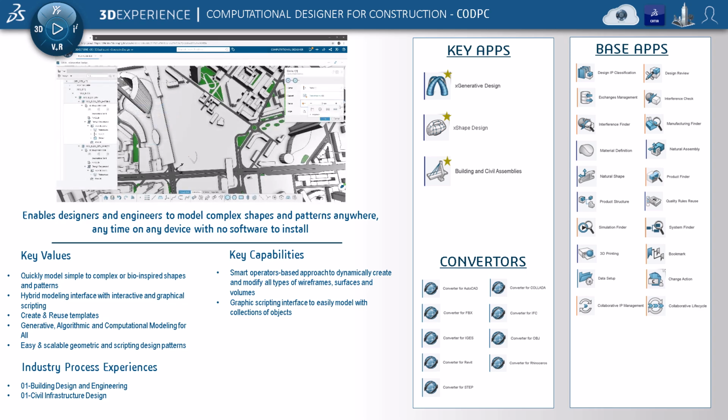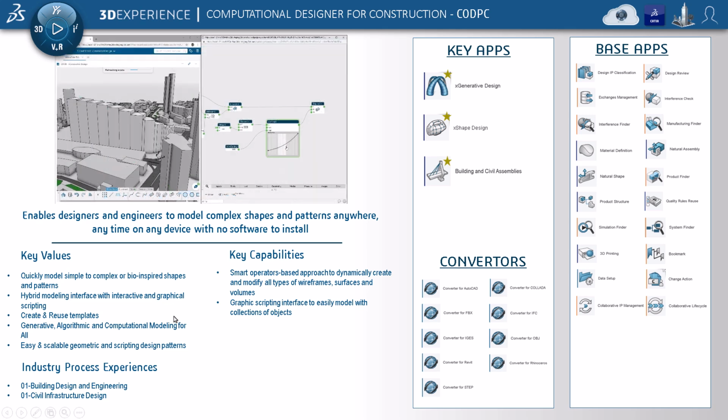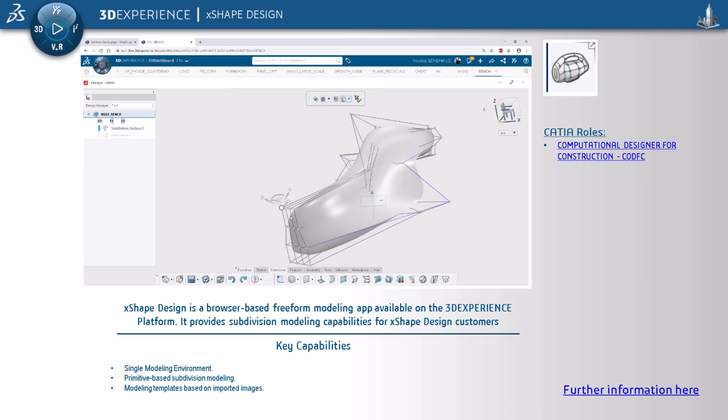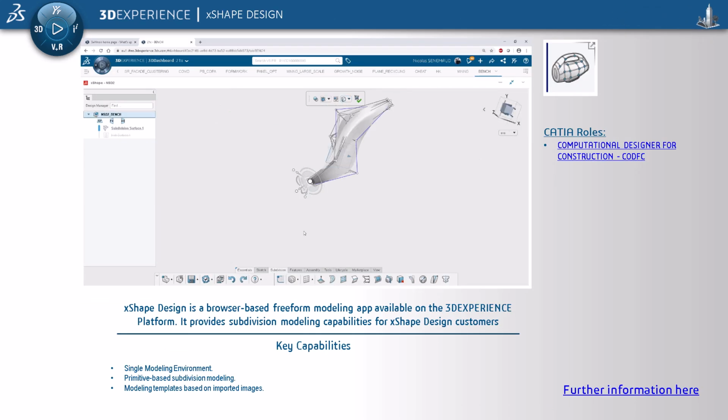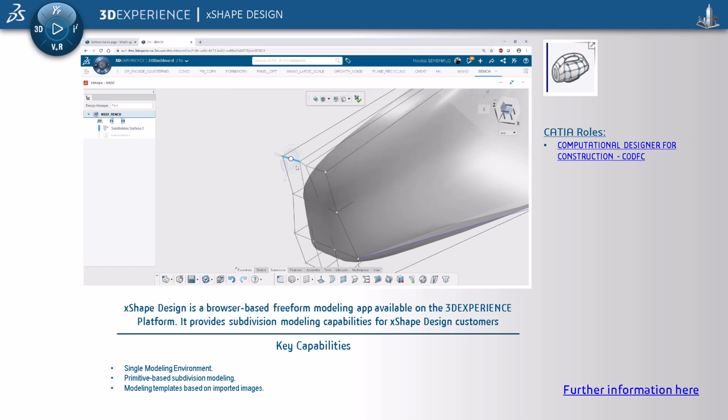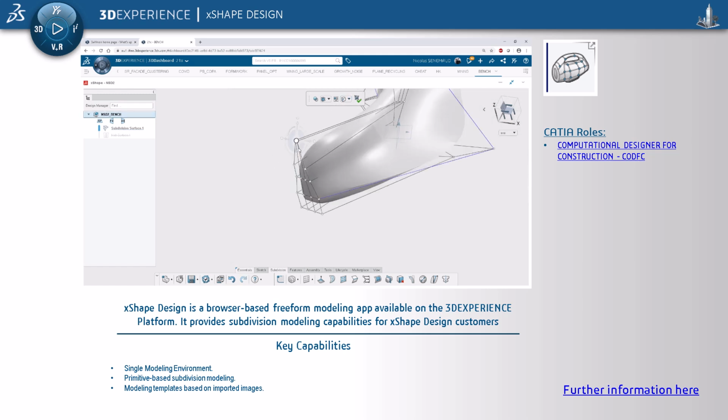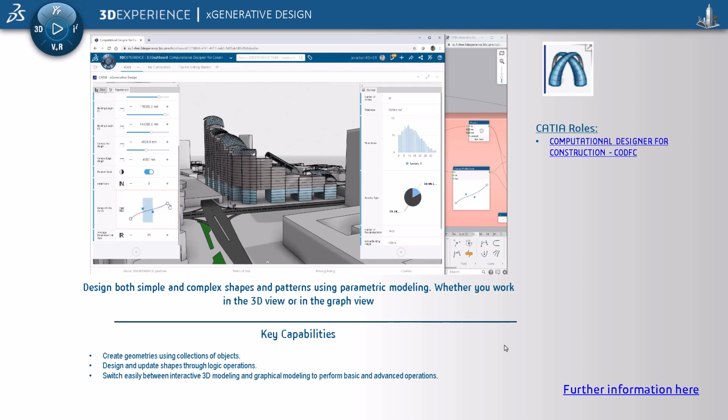These two applications run fully on the web, native web applications. X-generative design is for visual scripting and computational design. You see it on the screen here. X-shape design is for subdivision surface modeling and very interactive surface modeling to create free-form dynamic shapes. And those two applications run entirely on the web.